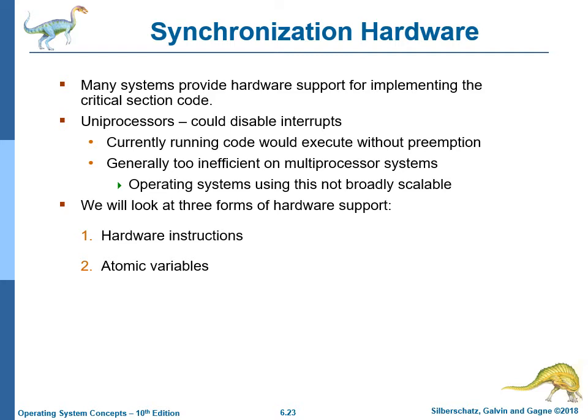So we can use this special instruction to solve the critical section problem in a relatively simple manner. Daripada kita discuss specific instructions for one specific machine, kita akan abstract the main concept behind these types of instructions by describing test and set.